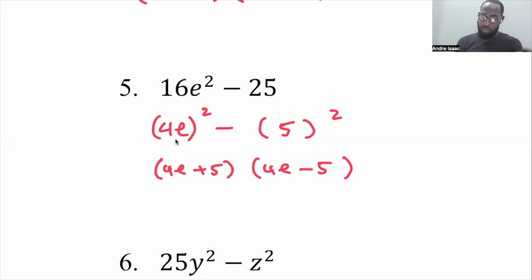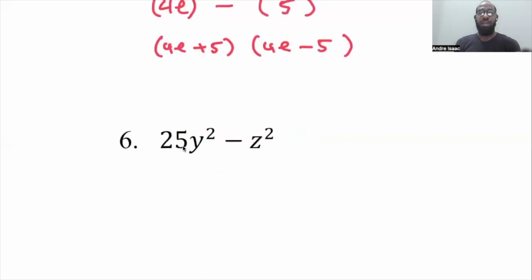The next one. We have two terms. And we have a variable here, meaning a letter here and a letter there, and those letters are raised to the power of 2. We have the negative term second, so we're applying the same thing. The square root of 25 is 5.